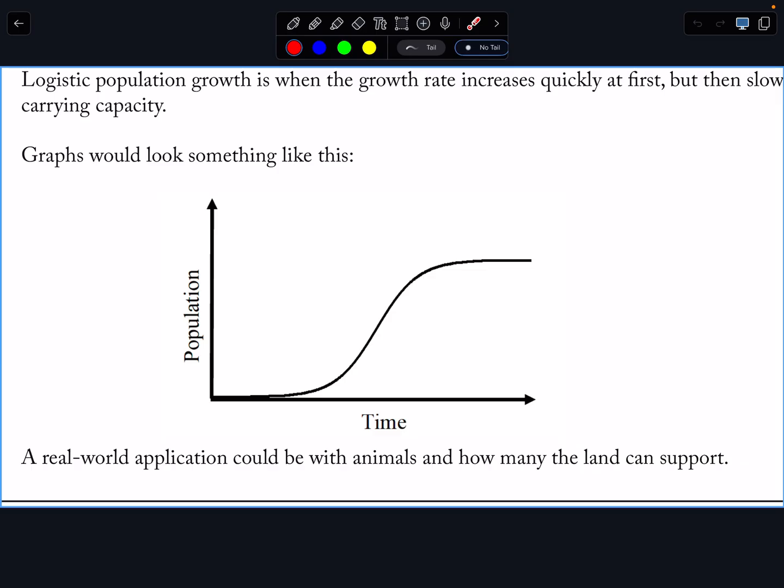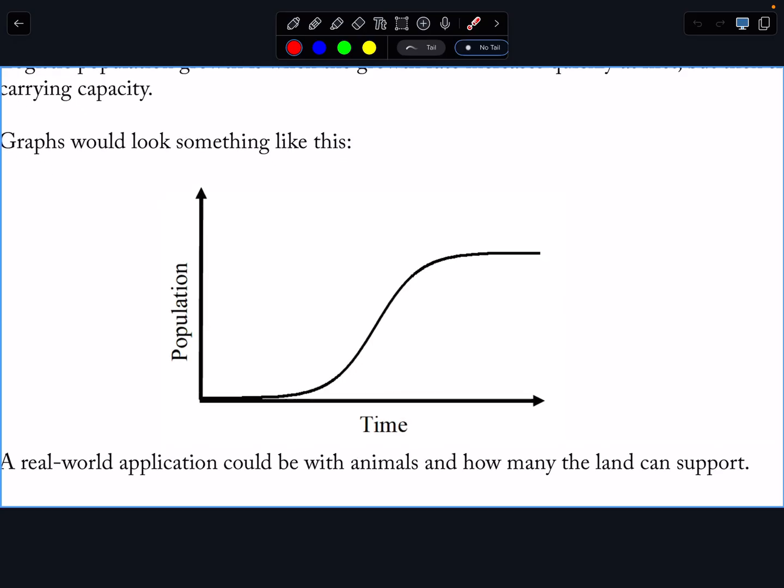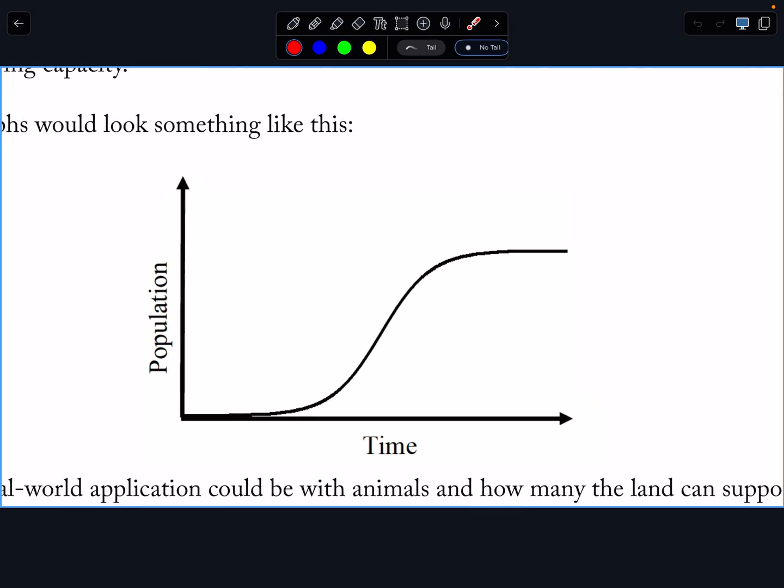There's just a lot of explaining. So when you get logistic growth, it's of a certain form, okay?